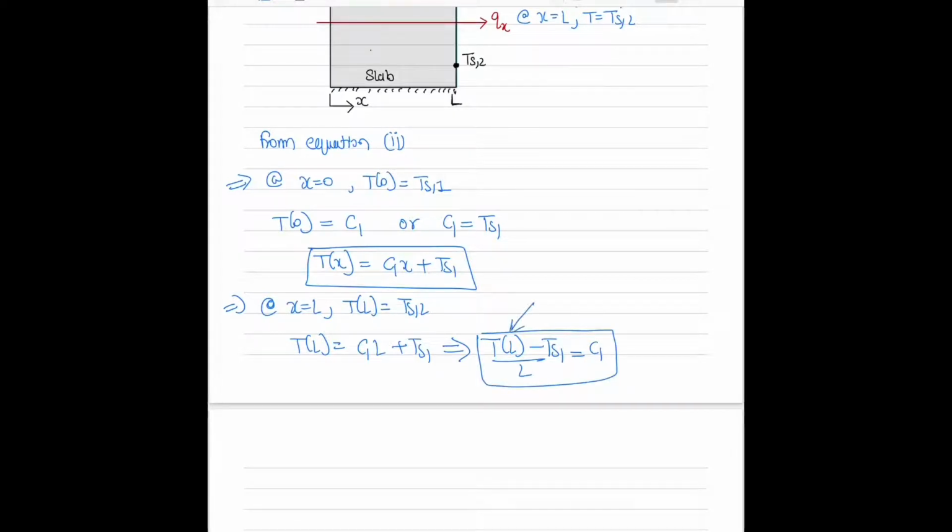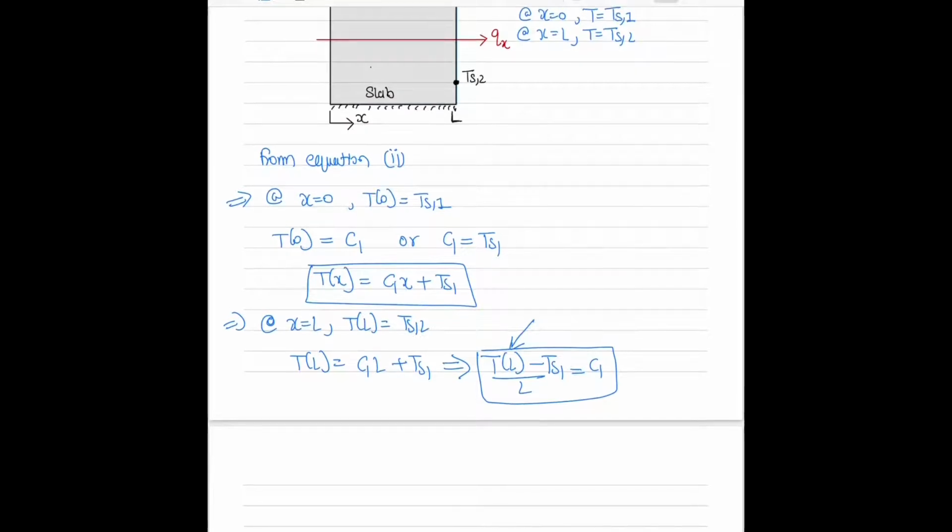Now substituting the value of temperature at L, that is equal to Ts2, we can write Ts2 minus Ts1 divided by L equal to C1.